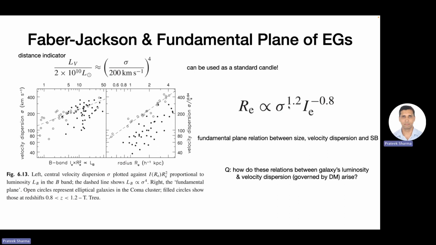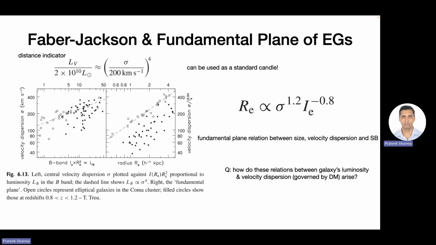If you use this sort of relation and plot sigma divided by IE to the 0.64 as a function of RE, you just normalize it appropriately. Then these galaxies, which are in the Coma cluster, a nearby cluster at a known distance, are all at the same distance from us.